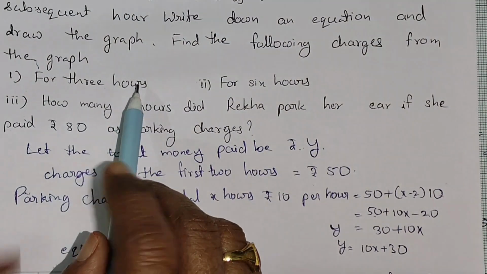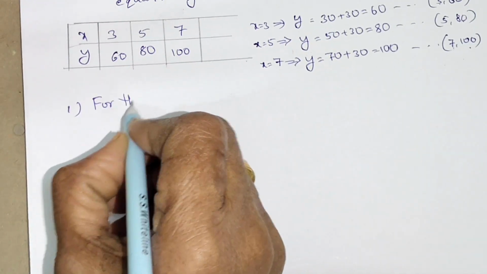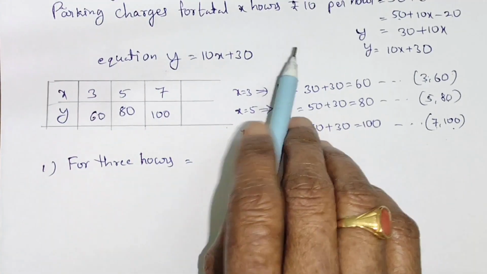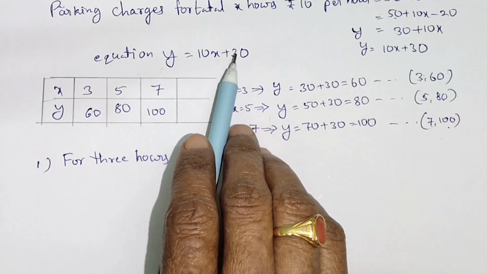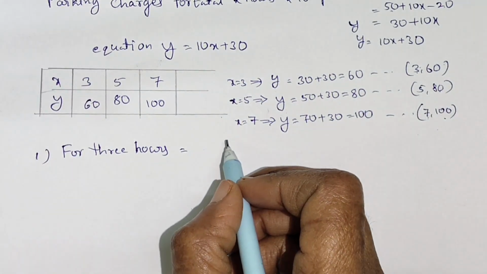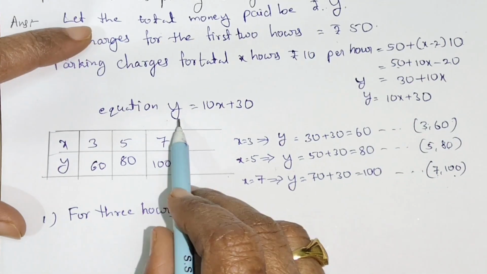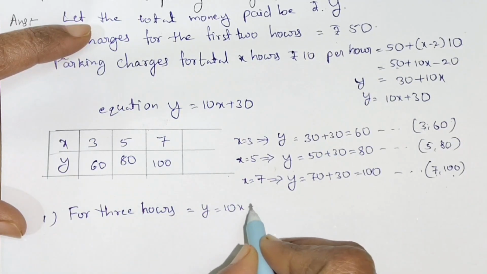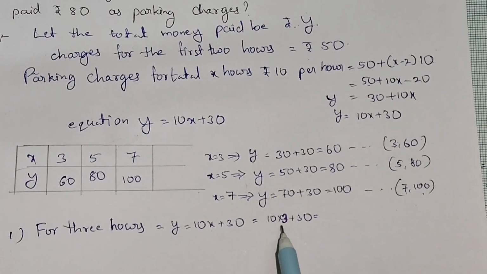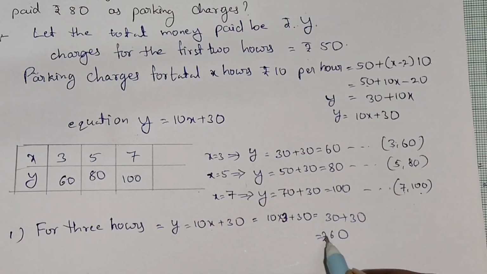For 3 hours the amount is, we substitute in y is equal to 10x plus 30. Here x equal to 3. So 30 plus 30 equal to 60. 60 rupees.